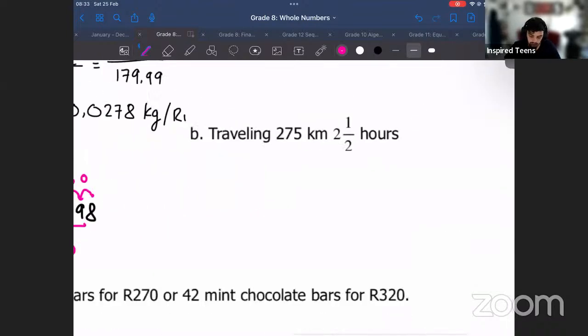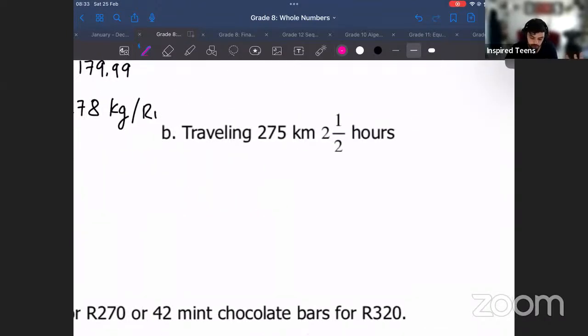Okay, let's move on. Traveling 275 kilometers in 2.5 hours. Could somebody tell me, in a statement, whether I'm saying kilometers per hour or hours per kilometer, what would be the best way to express this as a rate?